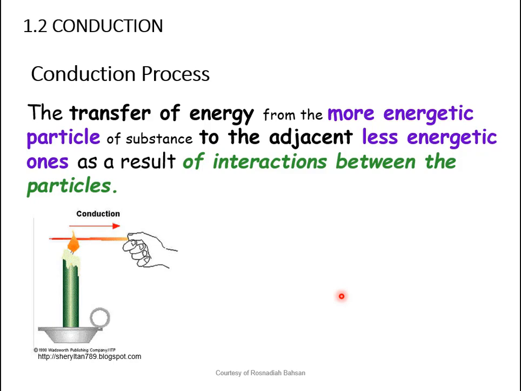As you can see here, there is a hand here, maybe it is a spoon. Hot temperature will be transferred to this hand via conduction. If it is steel, the spoon is a good conductor. That's why heat will be felt by this hand. So that is called conduction.